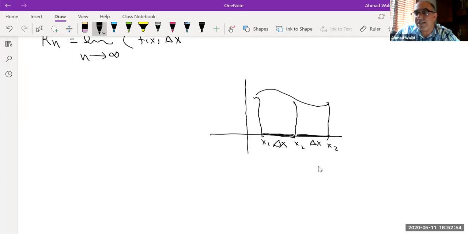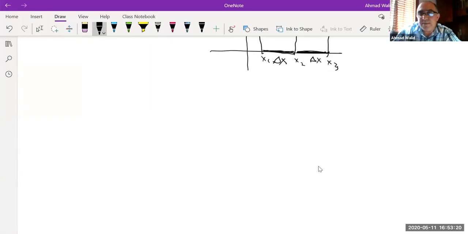And if this point is x3, then delta x is equal to x3 minus x2. But all these widths, we selected equal. That's why at the beginning I told you, you can have different rectangles, but we try to divide the area under the curve into equal rectangles because I want to have this delta x equal in every single one, right? Now, same graph.